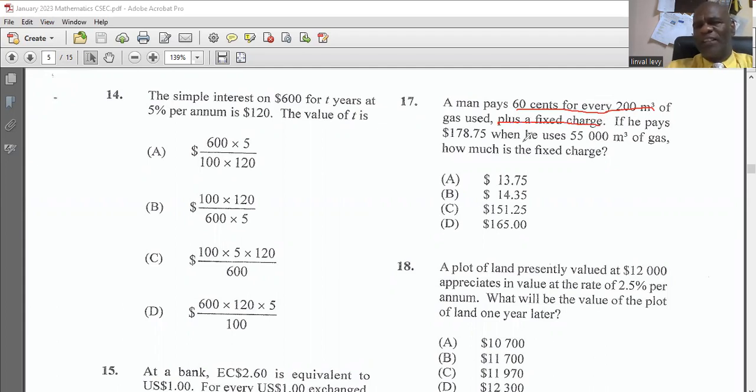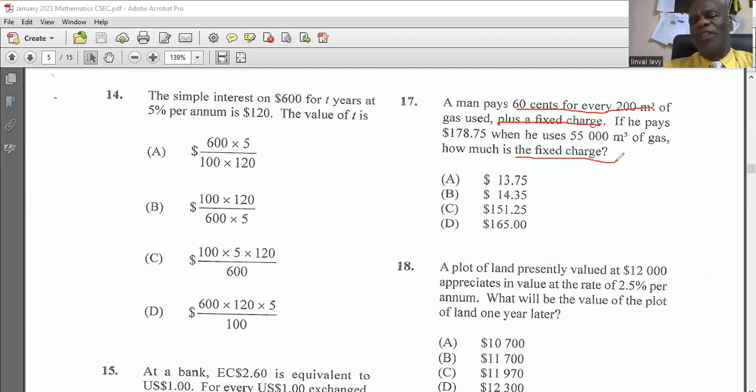So he pays all of this $178.75 when he uses 55,000 meter cube of gas. And they want to find out what is the fixed rate, right? So that's what our final answer should be, the fixed rate.